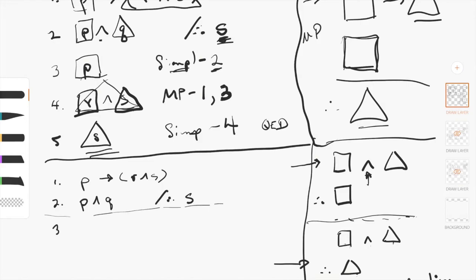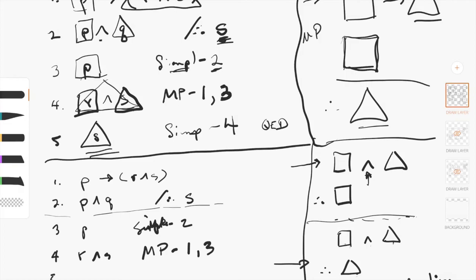So on line 3, the proof begins. We conclude P by modus ponens on line 2. I'm sorry, by simplification. I was thinking it sets up our modus ponens, right? So on line 4, we conclude R and S. Now modus ponens on lines 1 and 3.